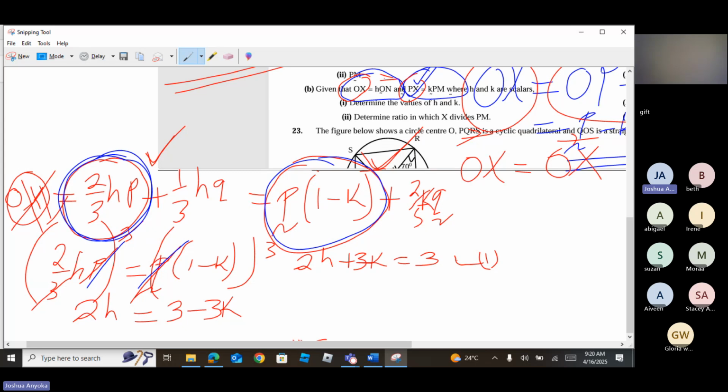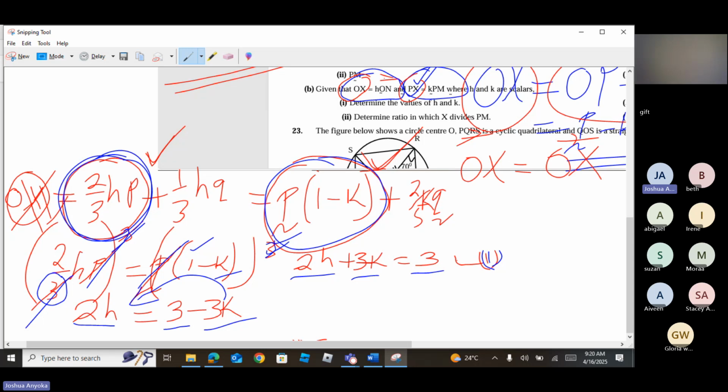We bring this to the other side. So we have equation 1.